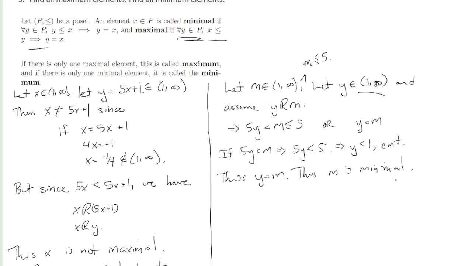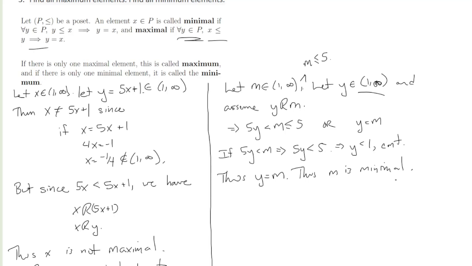So how many minimal numbers are there? Infinitely many. Every real number that's bigger than 1 and less than or equal to 5. Integers, it's only 2, 3, 4, and 5. But of course, 2.5, 2.193, pi minus 1, pi divided by 2, all these numbers in there.